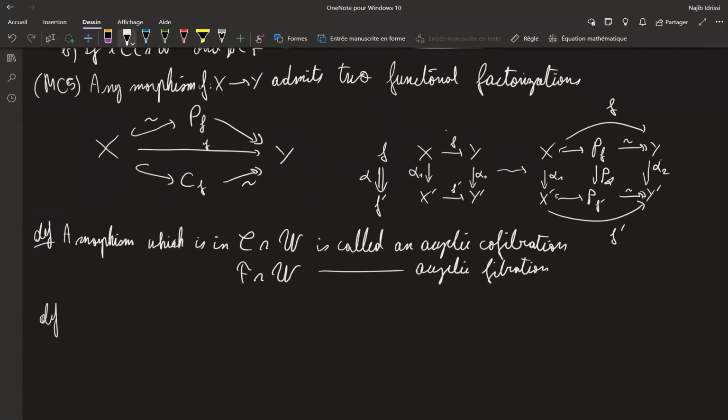Another definition that we are going to use sometimes is the following.